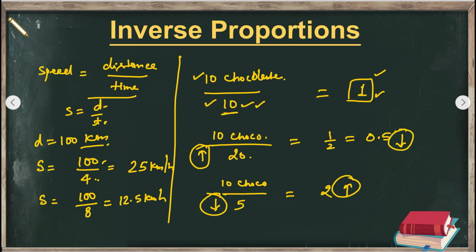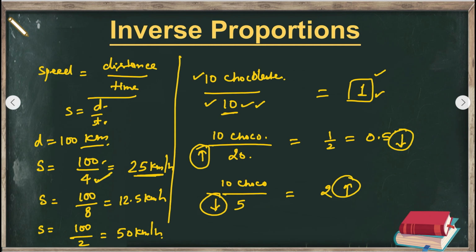So what if we decrease the time? If the distance is again the same 100, and we decrease the time from 4 to 2 hours, in that case our speed will be 50 kilometers per hour. Now you can see initially if we travel at 25 kilometers per hour, we take 4 hours.